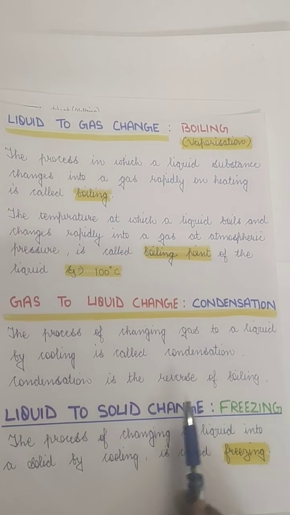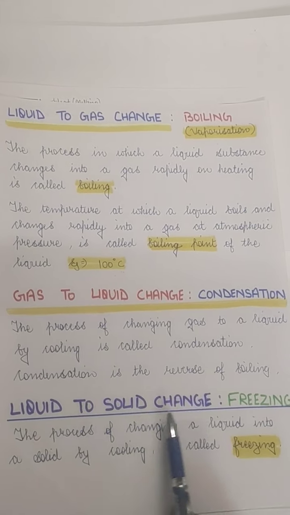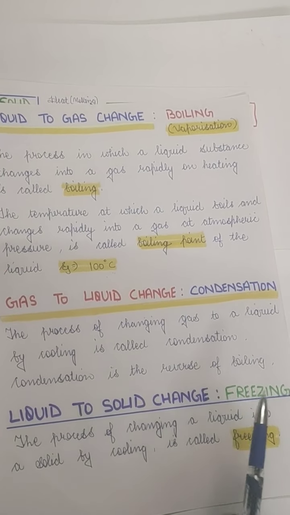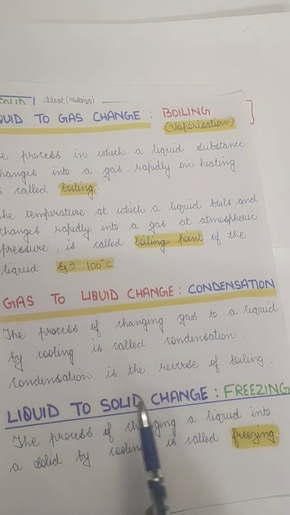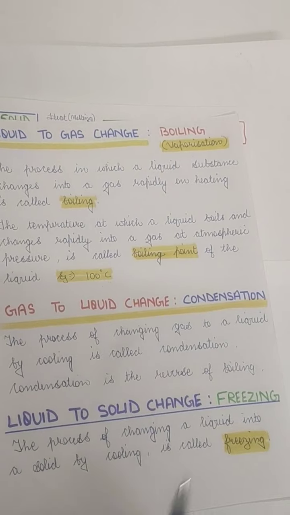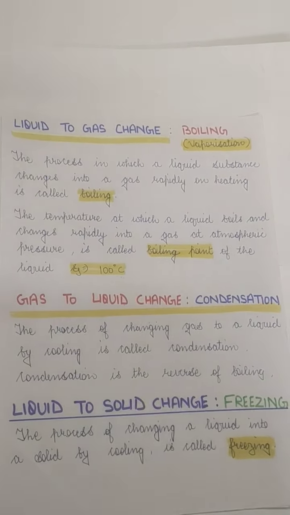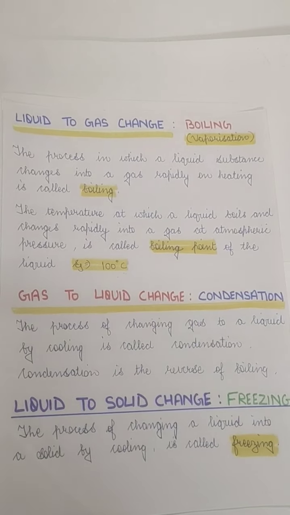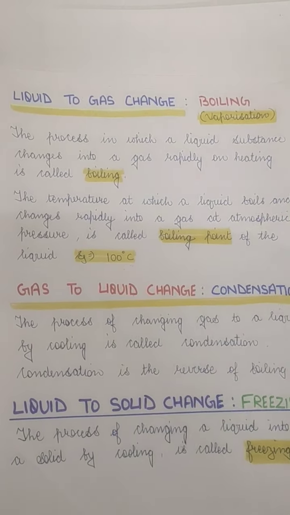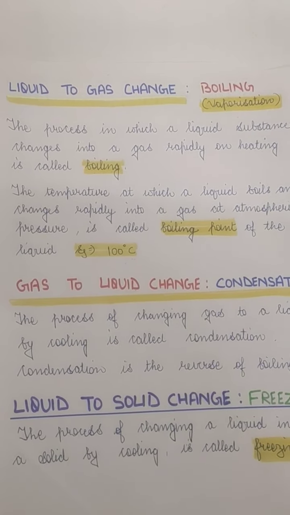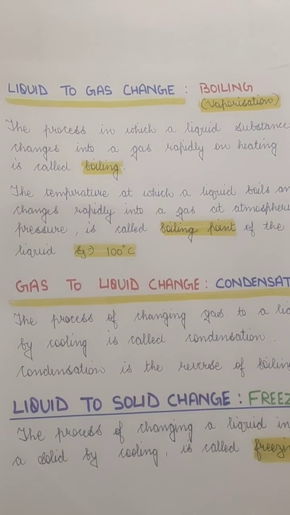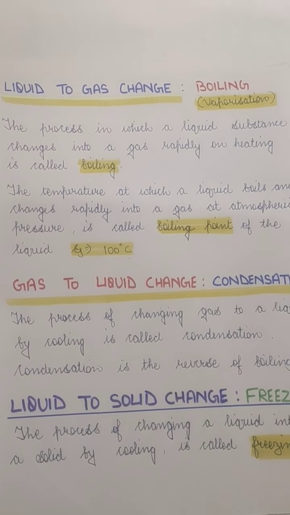Okay, so last is liquid to solid change. Liquid converting into solid is called freezing. Let's go with an example of all of these at once. You have taken water and frozen it, it's ice.